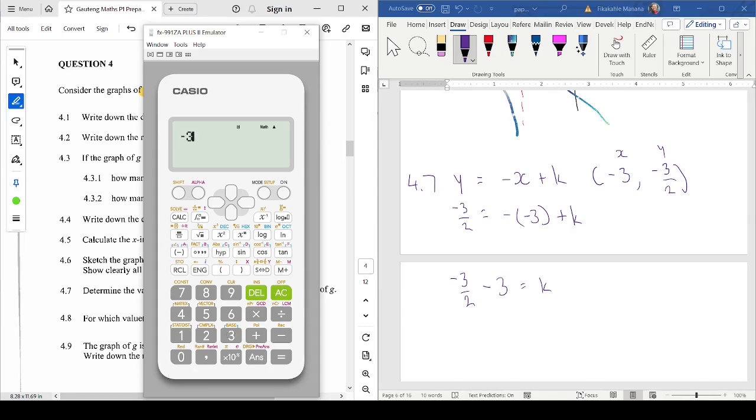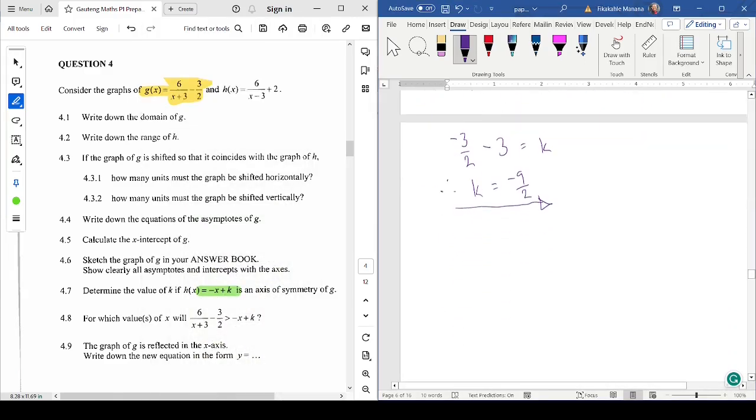It's minus 3 over 2, and then you go to the side, we say minus 3. What do we get? Minus 9 over 2. Therefore, k is equals to minus 9 over 2. There we go. Right there. Just like that. Well, that completes that question.